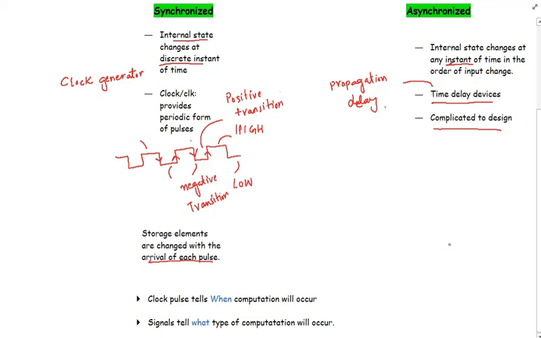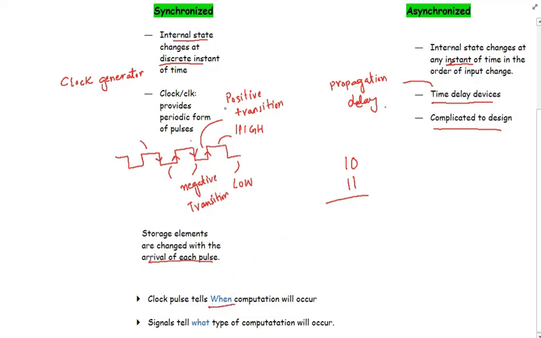So the important point is that the clock pulse will tell us when computation will occur, and the signal tells us what type of computation will occur. For example, in this case we are adding 10 with 11, and the clock pulse will tell us when the computation will occur.